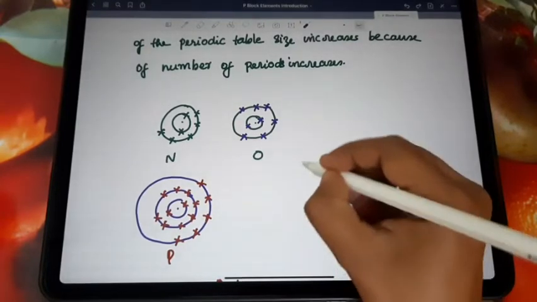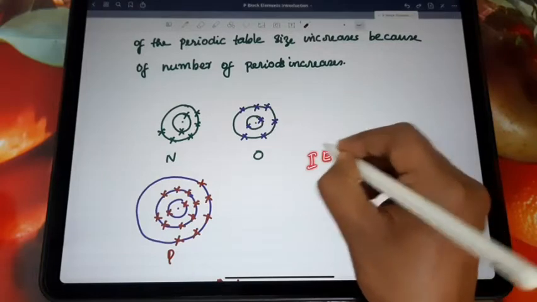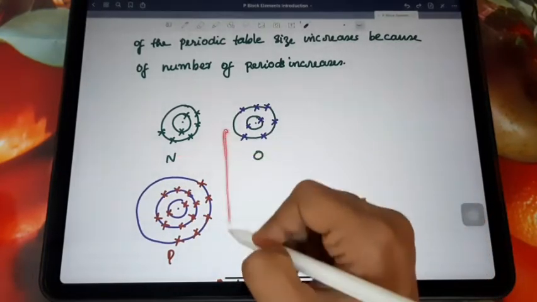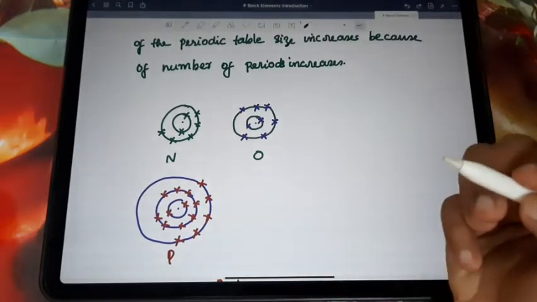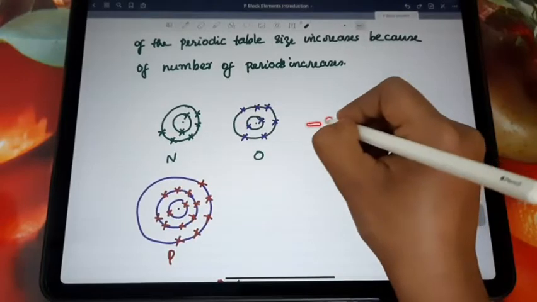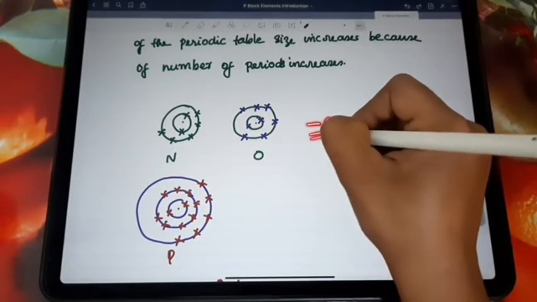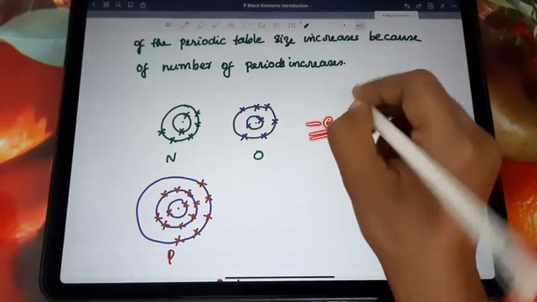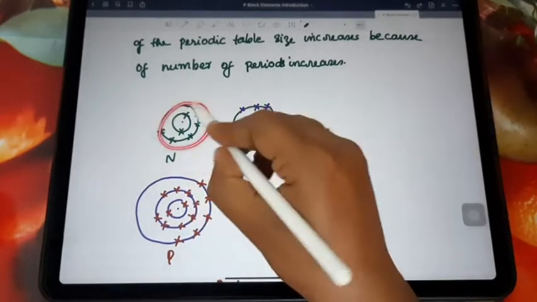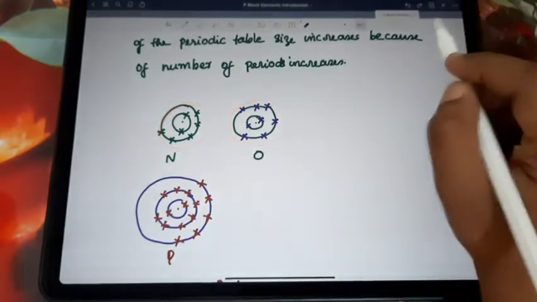So what about ionization enthalpy? Compared to these two, this is the period case I have shown and this is the group case. So what about the ionization enthalpy? Ionization enthalpy means the tendency to lose the most loosely bound electron from an atom, from an element. So from this one, we need to remove one electron; from this one, we need to remove one electron.